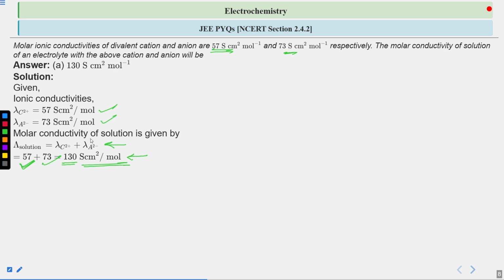We have added them and the final answer comes out as 130. Hence, the correct option is option A. So option A is the correct answer for this question.